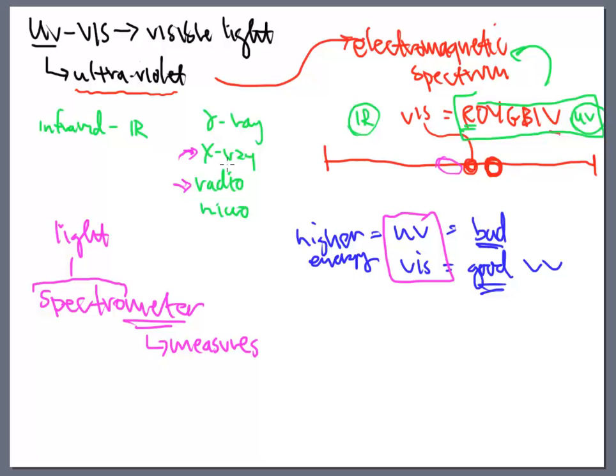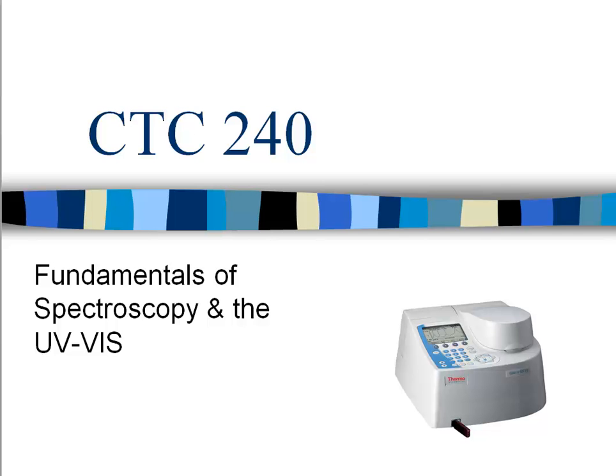We've got spectrometers that are specifically designed to measure each and every piece of this electromagnetic spectrum that we're talking about. But for us, we're only going to focus on the UV, ultraviolet, and visible portion of the electromagnetic spectrum.